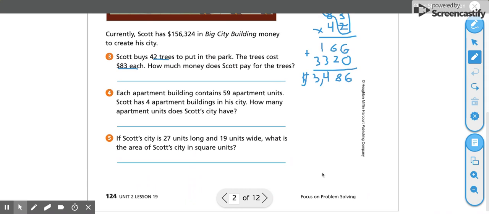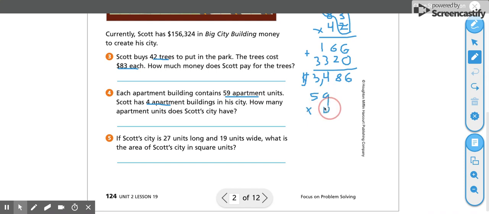All right, good. Each apartment building contains 59 apartment units. Scott has 4 apartment buildings in the city. How many apartment units does Scott have? So there's 59 apartment units, and he has 4 buildings, and they want to know his total. So I'm going to do 59 times 4.